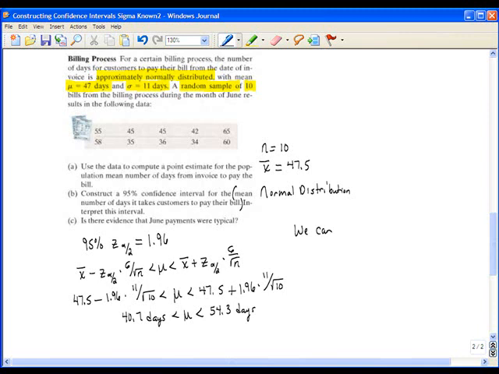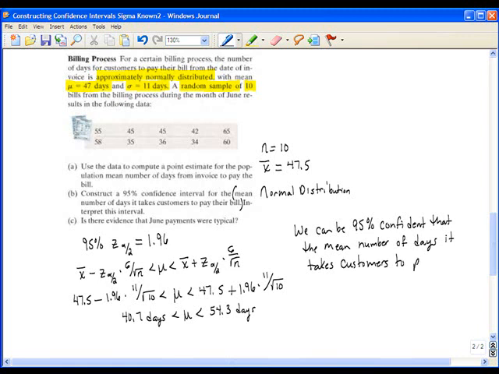So we can be 95% confident that the mean number of days it takes customers to pay their bill is between 40.7 and 54.3 days.